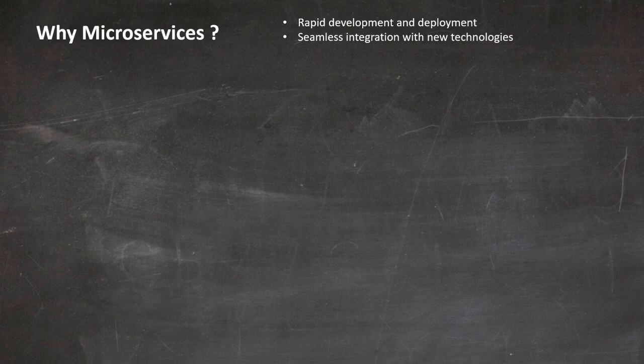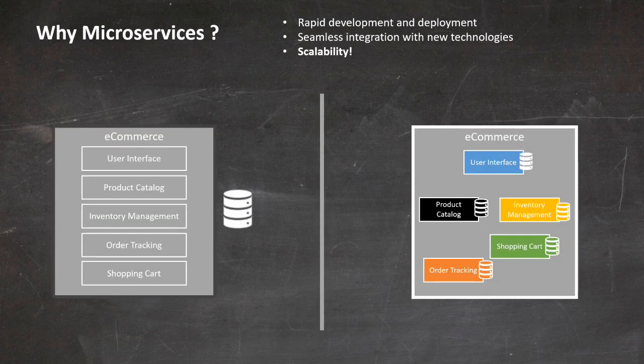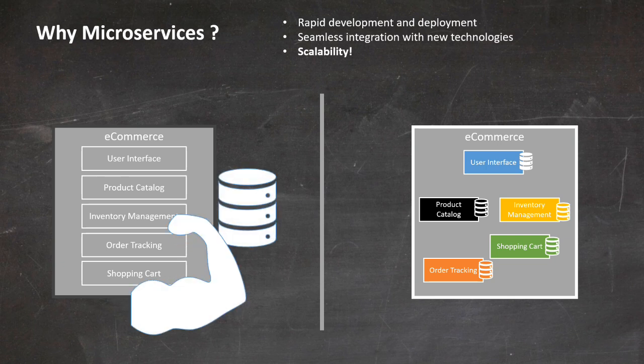But truthfully, another key reason for adopting a microservice architecture is scalability. Let's compare our monolithic and microservice e-commerce platforms. Vertical scaling, or scaling up, involves adding more power to existing machines. It's like upgrading your car's engine for more horsepower. We can scale a monolithic service that way, but this approach has limitations, such as a single point of failure and physical limits on upgrades.